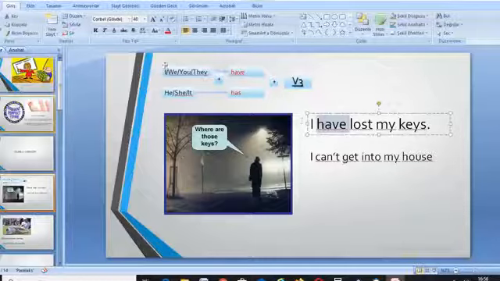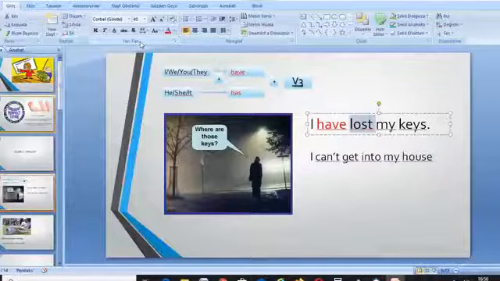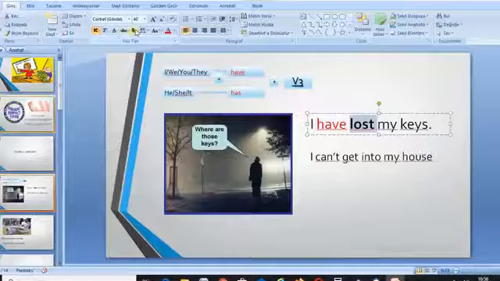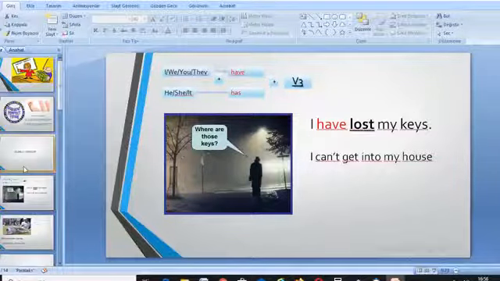I have, yes, I have lost. Verb 3. Yes, it's the third form of the verb. It's lose, lost, lost. Okay. Look. So I have lost my keys, so I can't get into my house. Good.